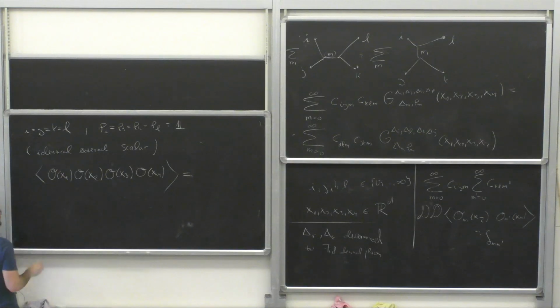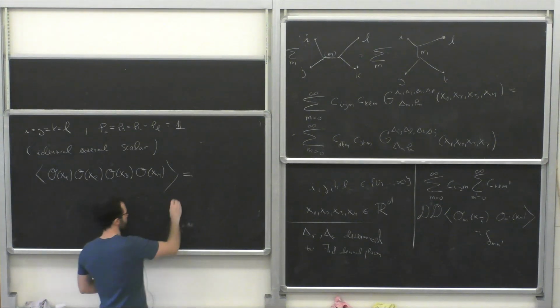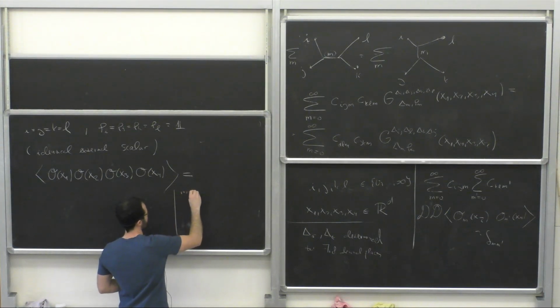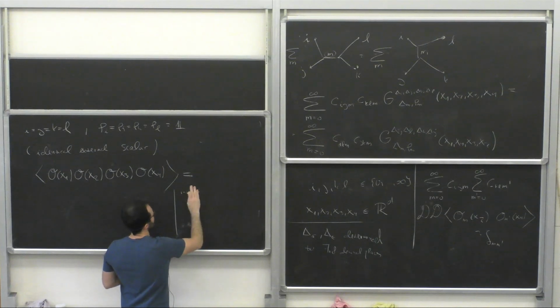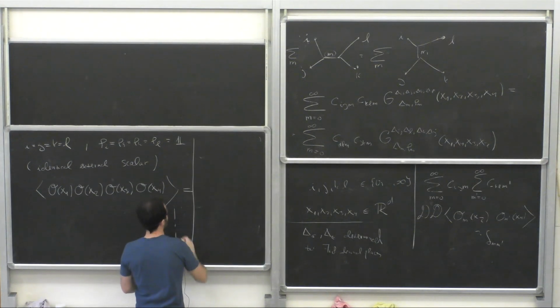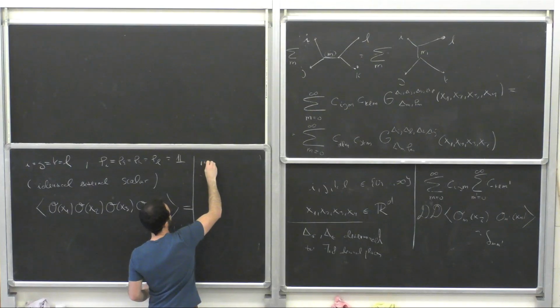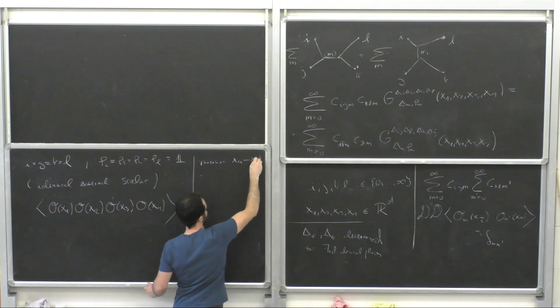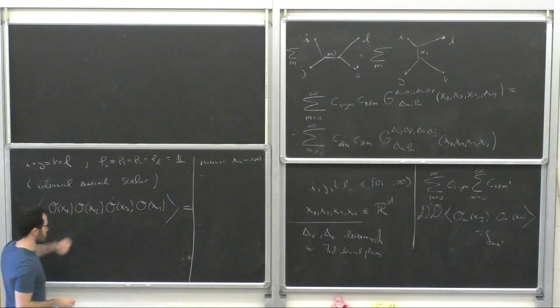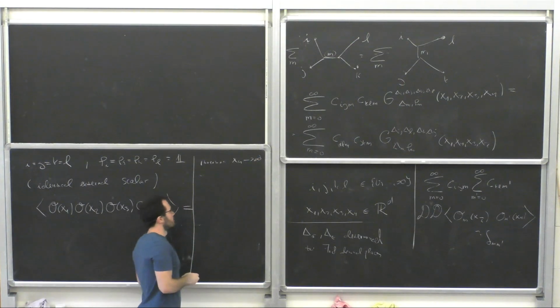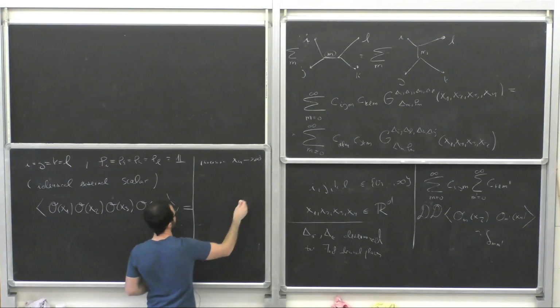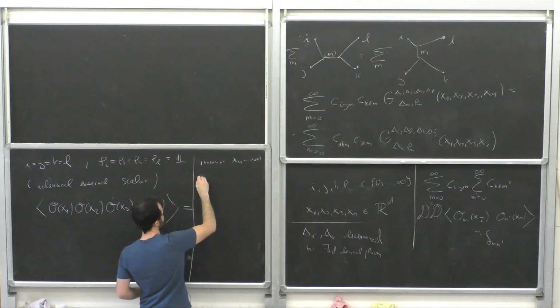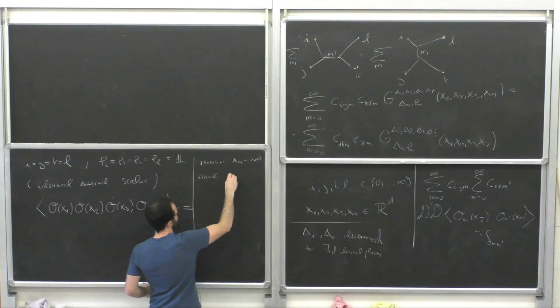So basically the question is, what are the kinematic parameters that the 4-point function depends on? And here's how to think about it. We can use the inversion, or special conformal transformation, if you wish. We can arrange x4 to go to infinity, and the 4-point function doesn't change. Then we can use translations to send x1 to the origin.